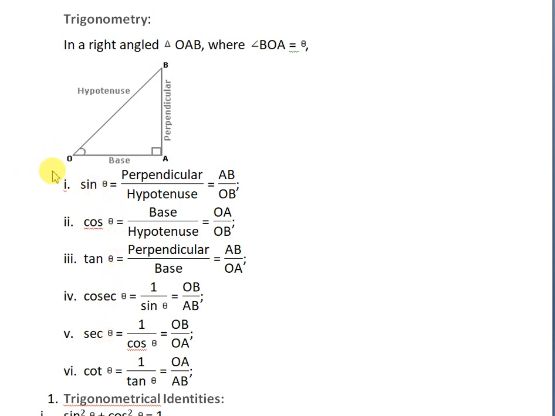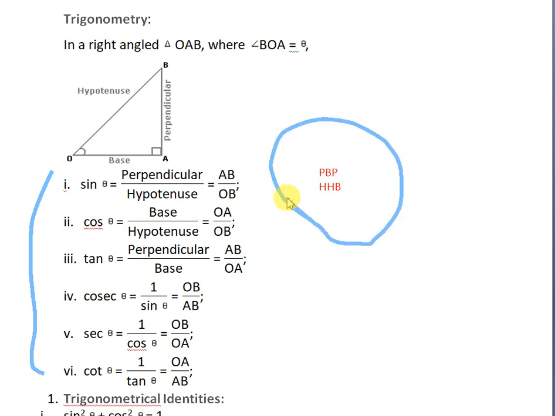You need to learn these six formulas: sine is perpendicular upon hypotenuse, cos is base upon hypotenuse, tan is perpendicular upon base. So don't get confused. We learn this in the form of PBP upon HHB. You can take it as any full form you want.